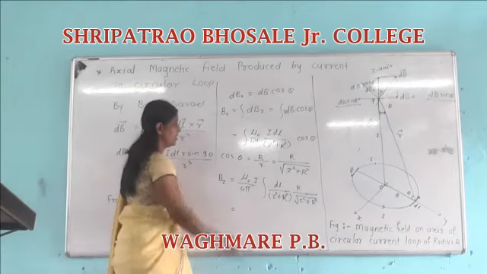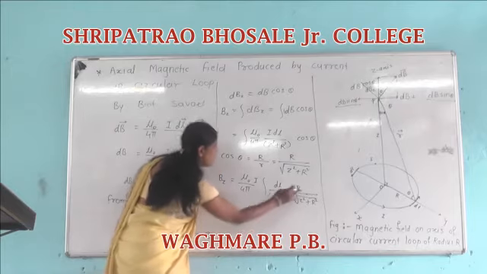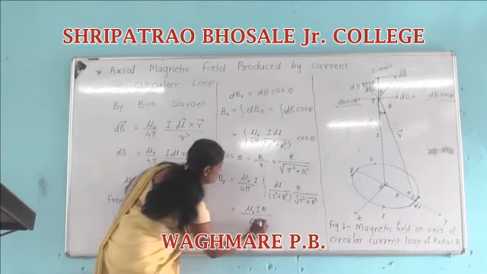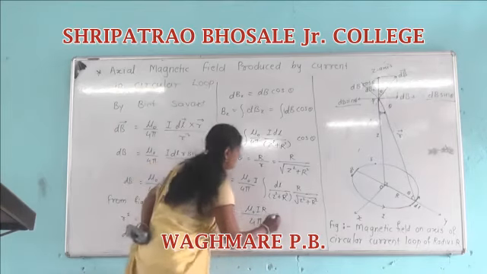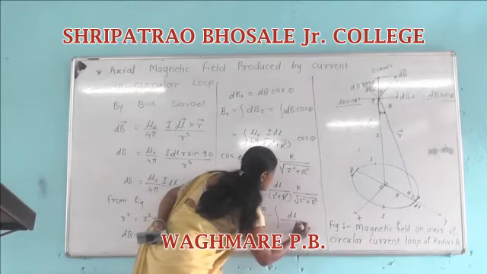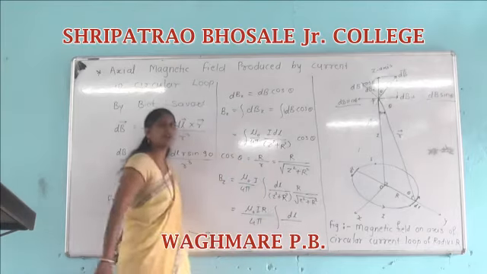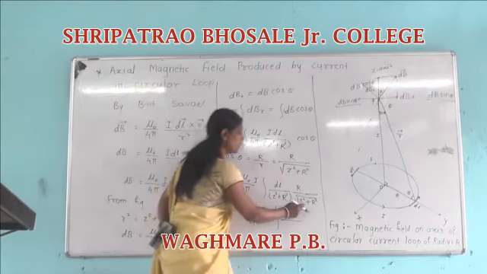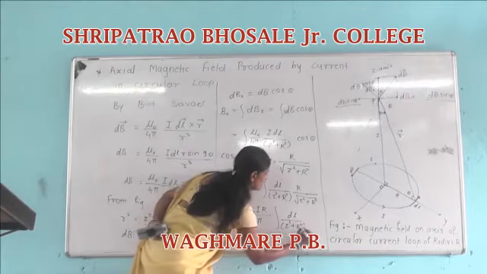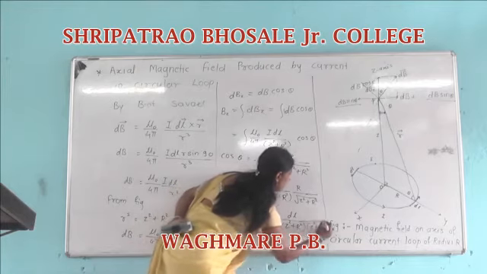Then we can write mu naught R, we can take the R out of the integration, upon 4 pi. Then dl upon z square plus R square, and the root of z square plus R square is equal to z square plus R square raised to 1 by 2.